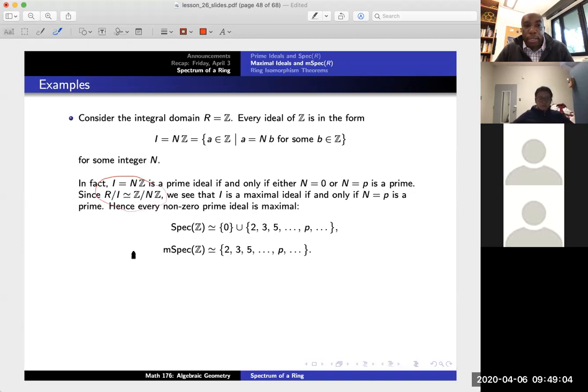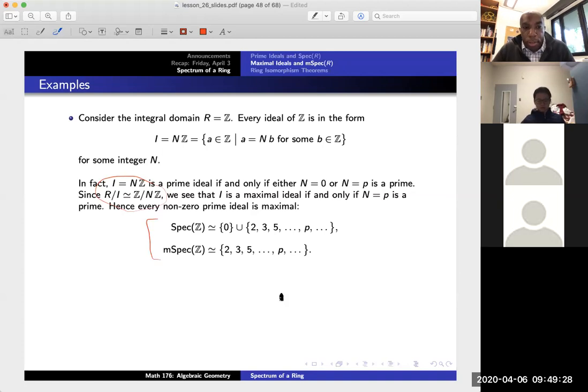And so I see that this is a maximal ideal if and only if n itself is a prime number. That's because in this case, Z mod nZ is the finite field of p elements. So again, I is a maximal ideal if and only if n is a prime number. So then we're able to conclude the following.